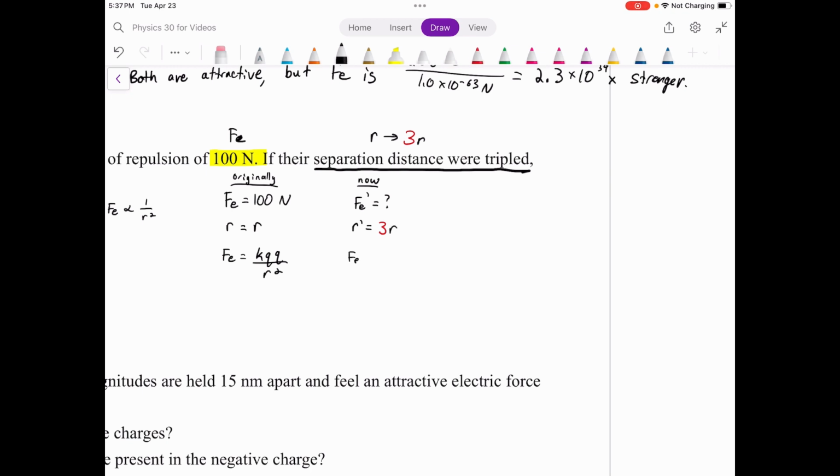And what's the new force? Well, it's K times Q over the new R squared. Fe is KQQ over R squared.